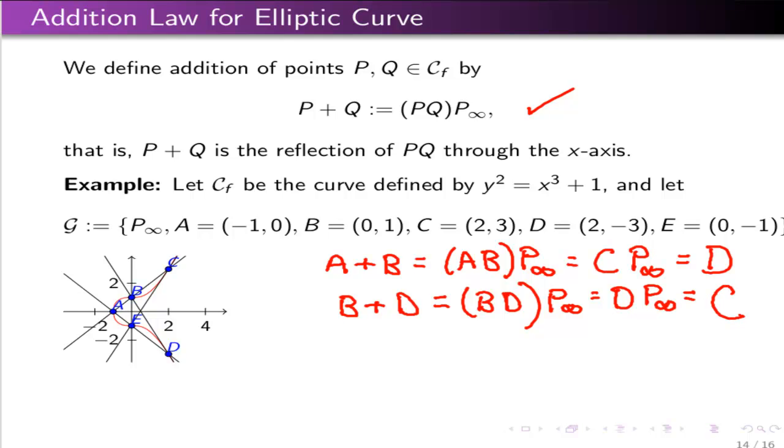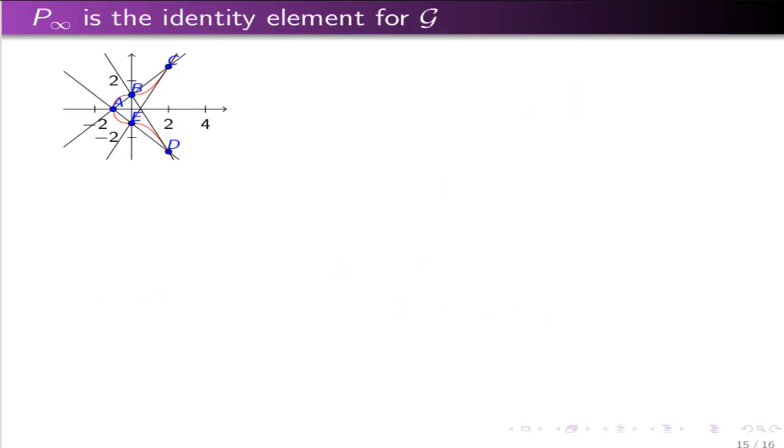All right, so that's how we add points on this curve. I claim that P infinity is an identity element with respect to this operation. So let's see what happens if you take P infinity plus a given point on this curve. Let's just do a couple examples.